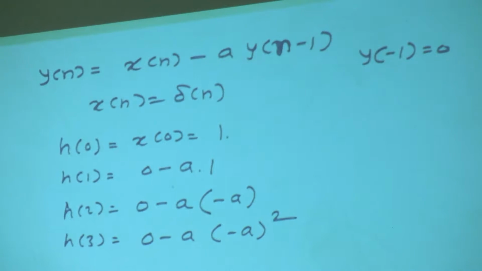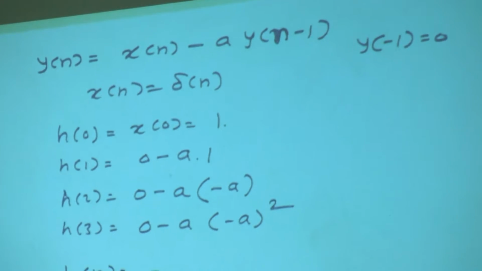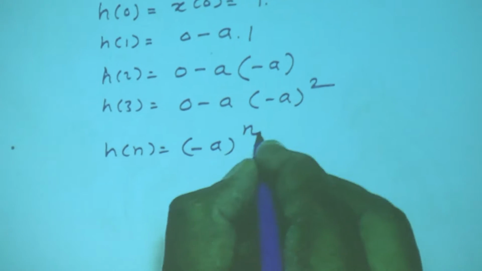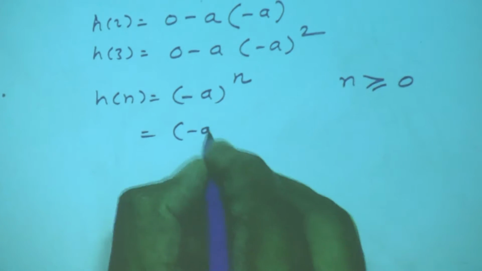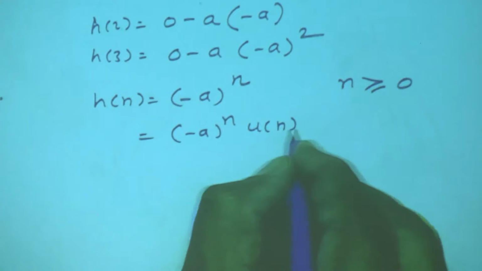So in general, h of n is equal to minus a to the power n for n greater than or equal to 0, which means minus a to the power n into u of n.